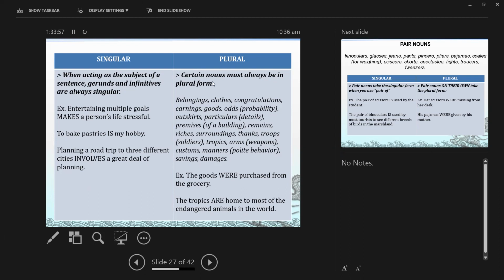Now, certain nouns must always be in plural form.